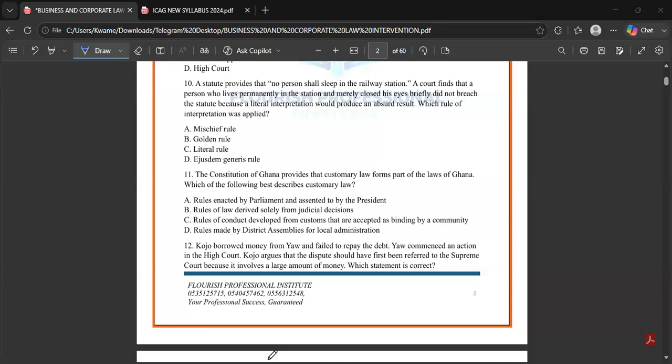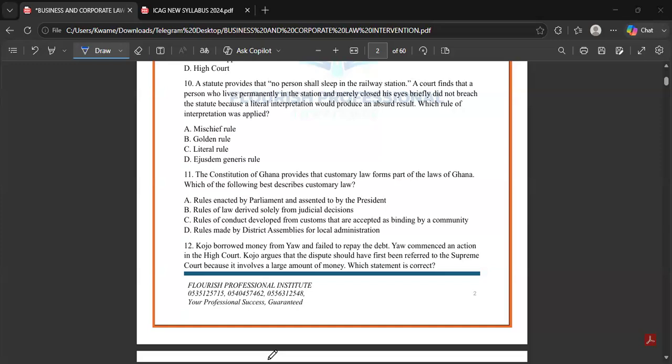So the court has given its ruling, and the reason the person didn't breach the statute is because a literal interpretation will produce an absurd result. Now, why golden rule? Why not mischief rule?